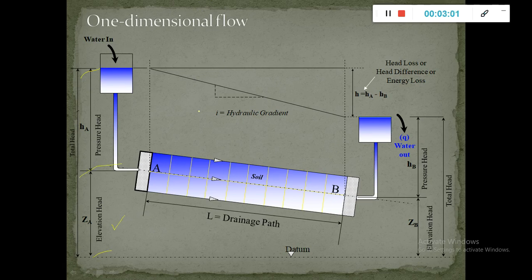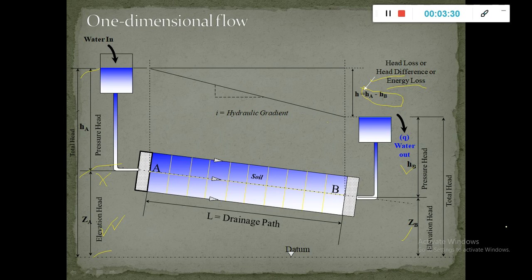Because of the head difference, the water flows from the high elevation to the lower elevation, right? And the loss which is encountered is known as head loss, the head difference, or energy loss, right? This is the elevation head, this is the pressure head, this is the total head. Sometimes an MCQ is asked: total head is the summation of elevation head plus pressure head, right?